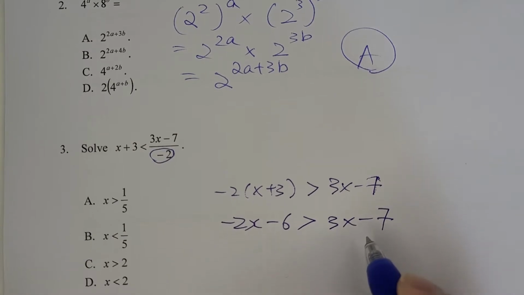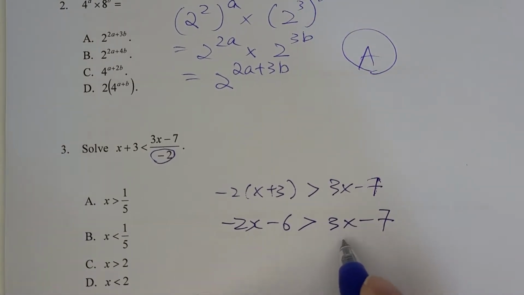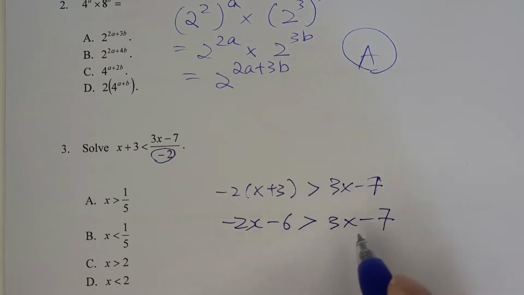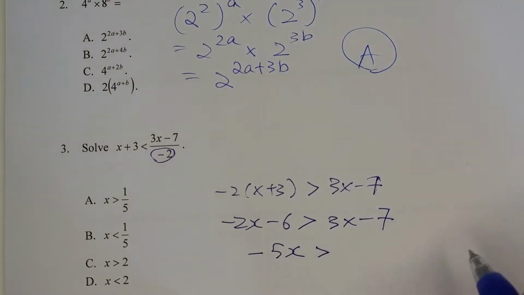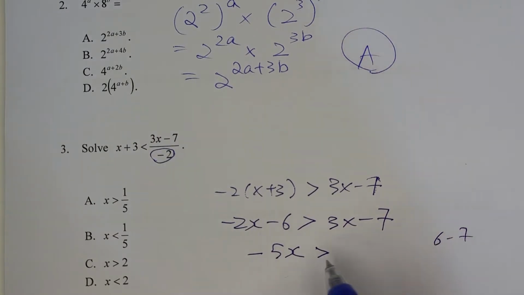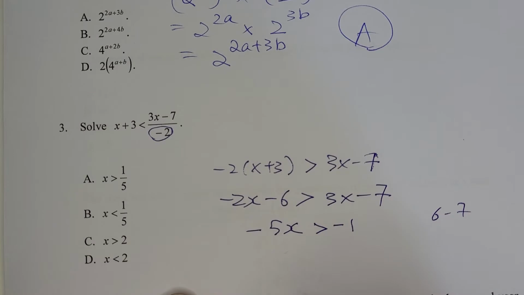So what we can do next is move this 3x to the other side. Doing transposing of terms, that becomes negative 5x, greater than negative 6 moved to the other side becomes positive 6. 6 minus 7, so there's negative 1 here. Finally, when you are doing division, you want to divide negative 5 on both sides, that becomes x.